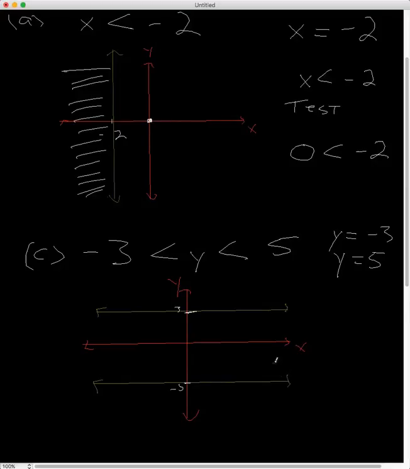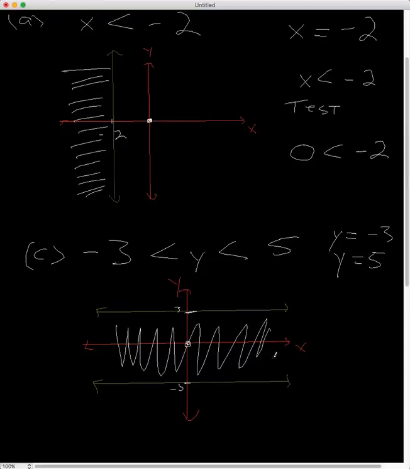Now we ask ourselves, if I put a point here, I can test any point. Where is that actually occurring? Let's imagine I choose the point 0 in this case. Is 0 greater than -3? It is. And is 0 less than 5? It is. So everywhere in between this area, I can shade, that represents that it's true.